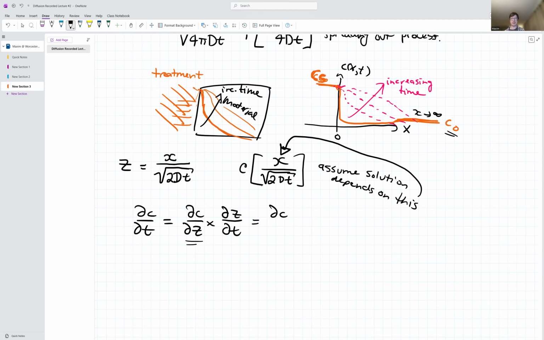So, okay, we have dc/dz, and then the derivative of this z with respect to t, you do need to know how to do derivatives of square roots and stuff, but it will be minus 1/2, and then it's x over the square root of 2D, and it's t to the 3/2.